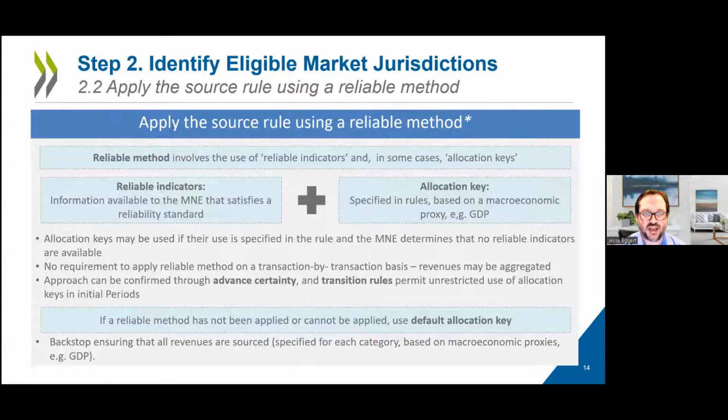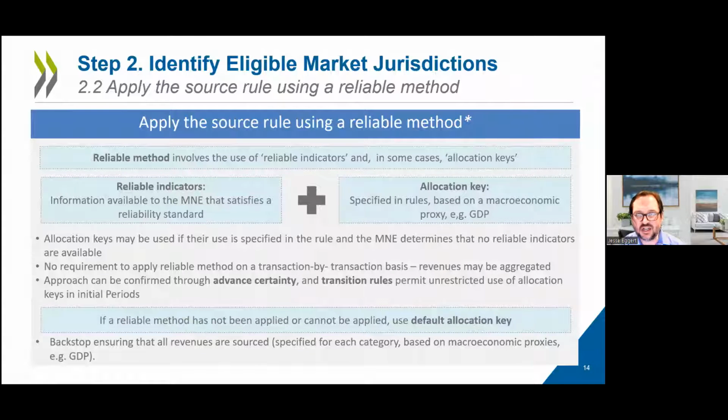Well, it's information the MNE has available to it that satisfies certain reliability tests. And so, for example, you might have information that you're actually using in your business for commercial purposes, for regulatory purposes, for legal purposes. And if so, and if it generally gives you reasonable results that correspond to your sourcing principle, then you get to treat that as a reliable indicator and use that to source your revenue.